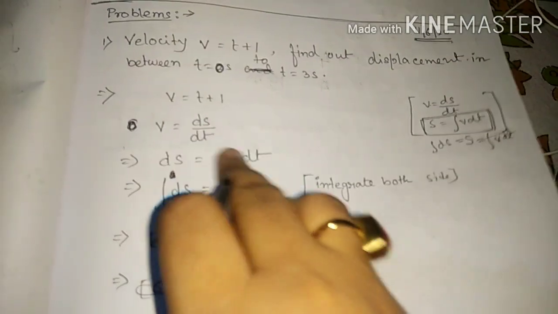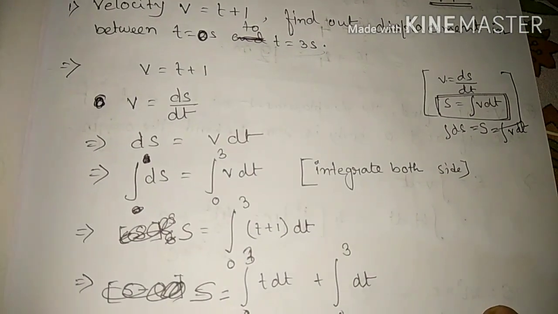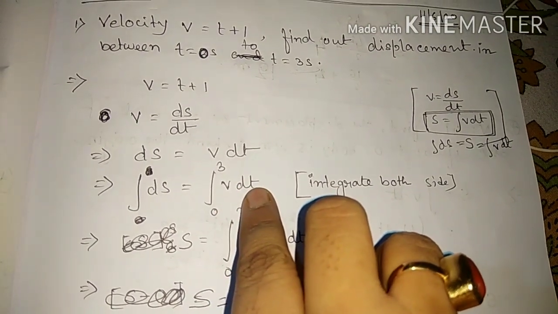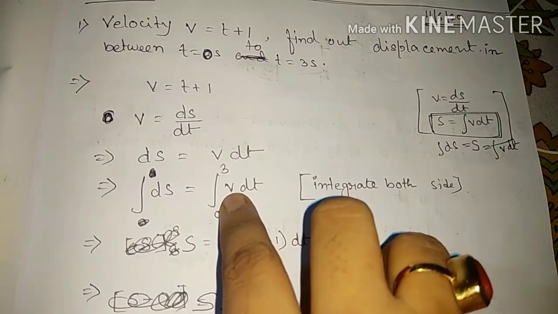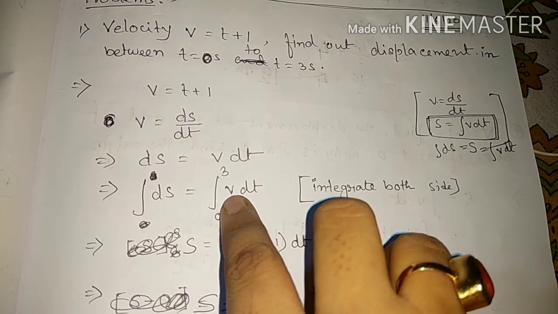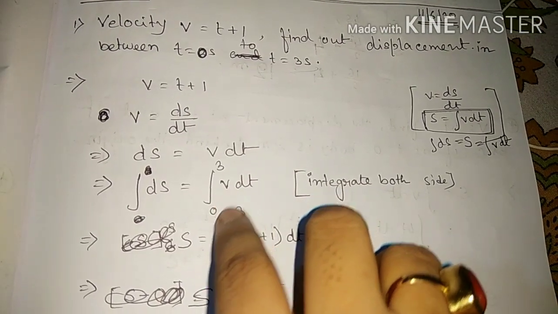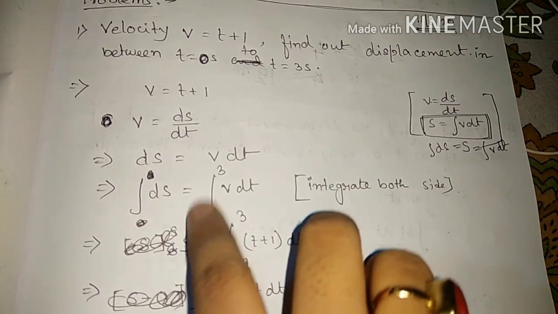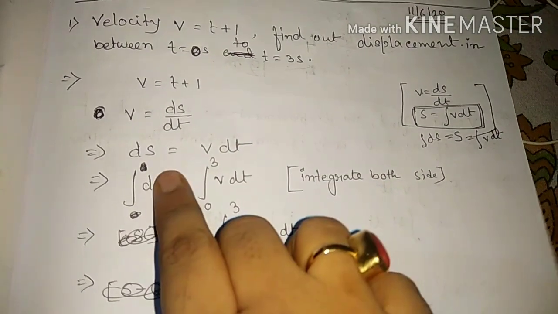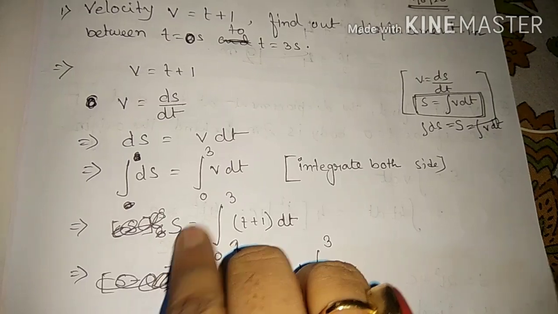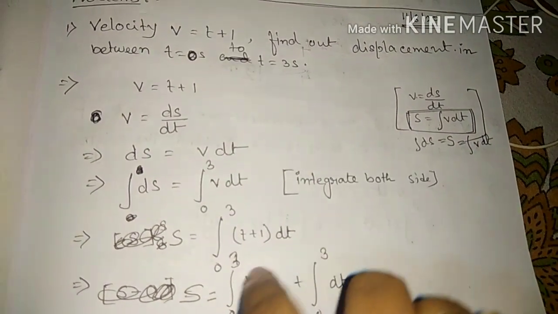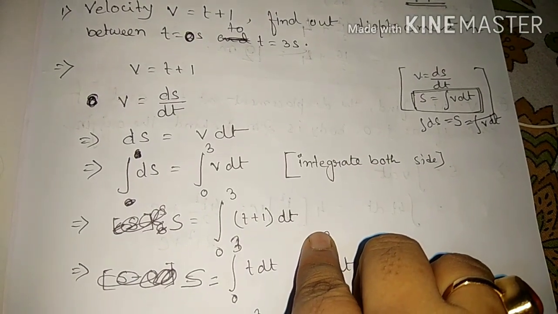The range is given, t equals 0 to t equals 3, so the upper limit is 3 and the lower limit is 0. Integration of ds means s, which equals, in place of v, its expression, t plus 1, into dt.